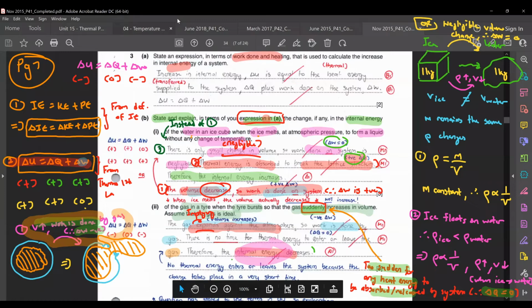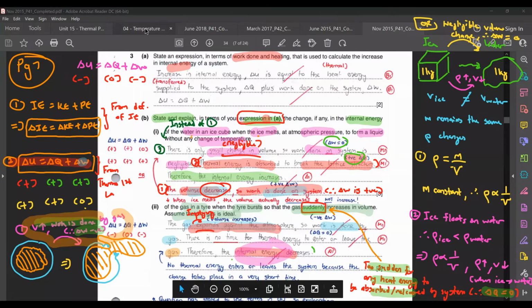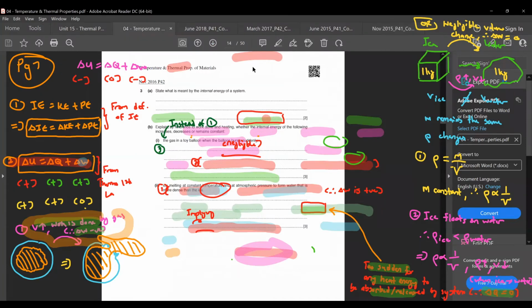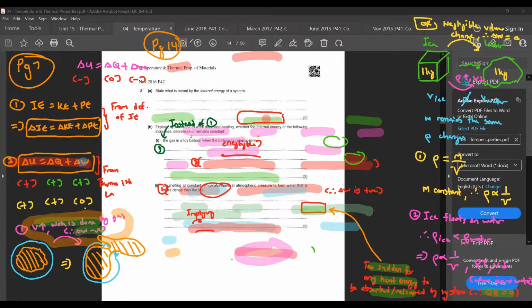Right. The next one that I can go through is actually page 14, but this one is actually related to something else. Okay, there's another question that you can actually see later on. This one is page 14.